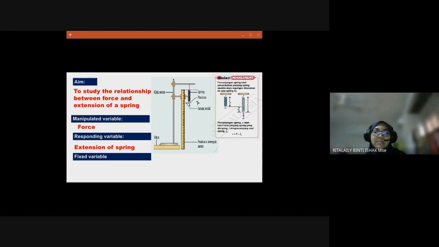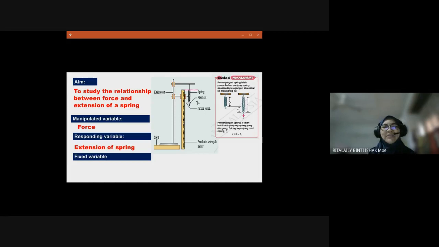Okay, other than initial length of the spring, what do you think will be the fixed variable? Stiffness of the spring is correct. However, you cannot measure stiffness directly. What do you think will affect the stiffness of the spring? Mass of the plasticine is incorrect.